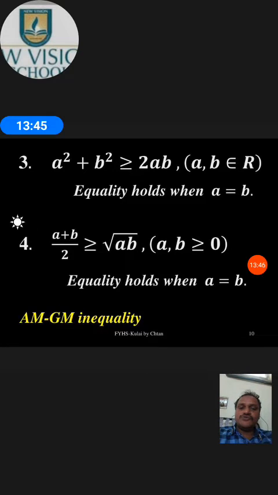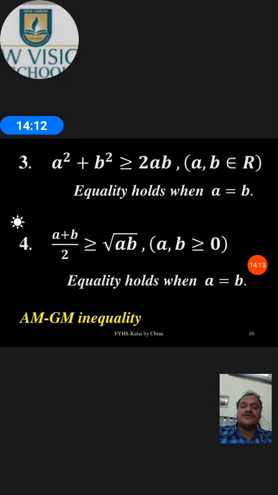Next most important inequality is a square plus b square greater than or equal to 2ab, when a, b belongs to R. Equality holds when a equals b. You see, my dear students, a minus b whole square is a perfect square and it is always positive.